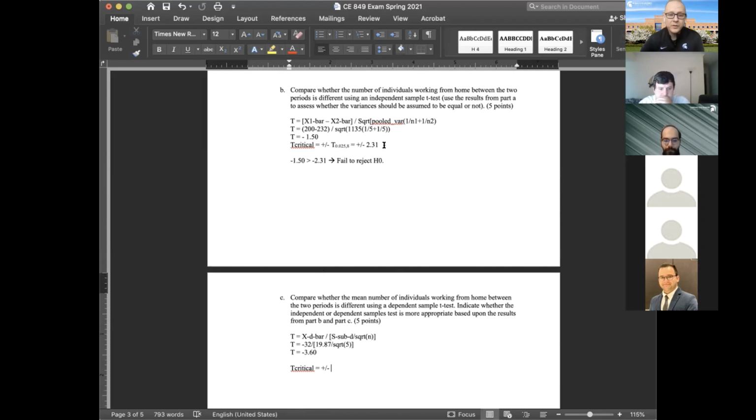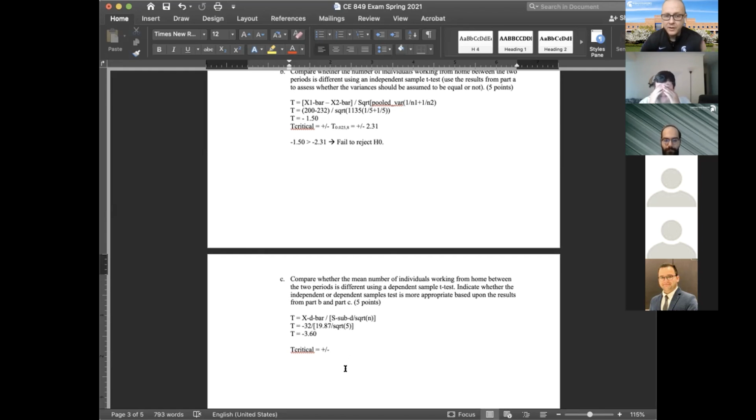And that's important because we are basically sacrificing some degrees of freedom here, since we're working with just the 5 differences rather than the 10 data points we would previously. And so that's reflected by our critical statistic in this case, which is going to be T 0.025 with how many degrees of freedom here?